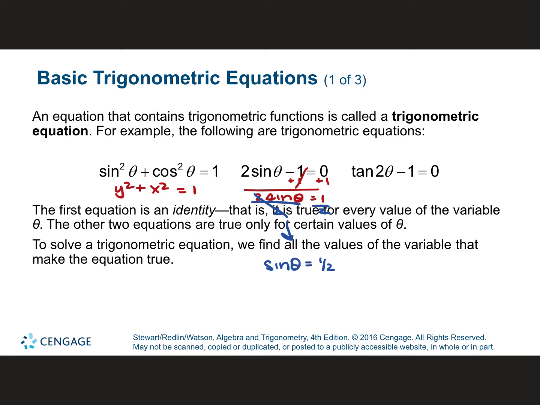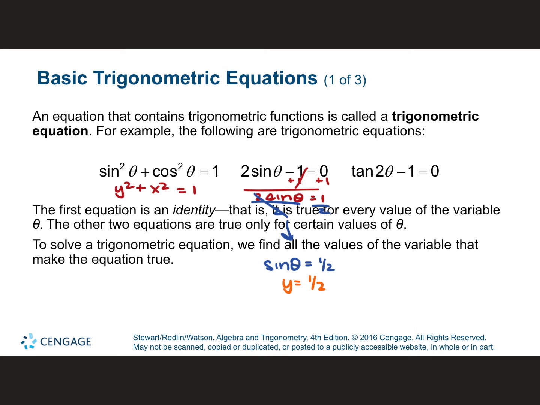Sine, remember, is your y value. So this is the same exact thing as also saying y is equal to 1/2. So in order to solve this, you would actually use a unit circle and find wherever your y value is positive 1/2. And the radian that goes with that y value of 1/2 would be your answer.